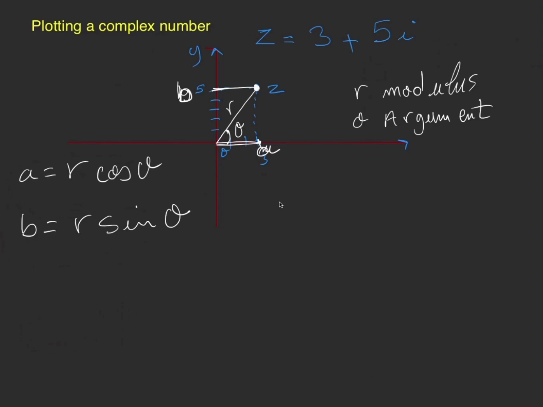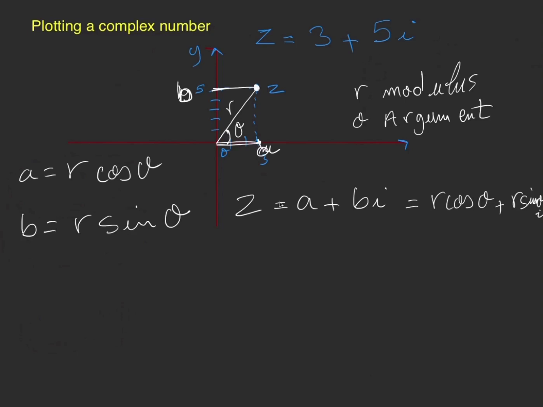So if we go back to the equation, we can write z equals a plus bi, and it will be equal to r cosine theta plus r sine theta i.